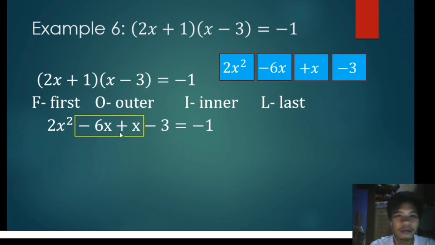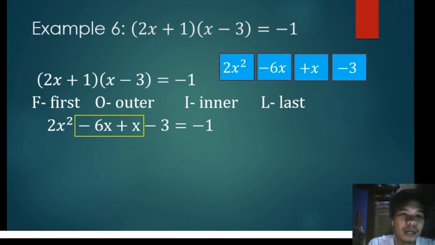All we have to do is apply the rules in combining integers. Since we have here negative 6 and positive 1, we have unlike signs, so we have to subtract. So 6 minus 1 is 5. And then we copy the sign of the larger number, which is negative. So we get negative 5x.